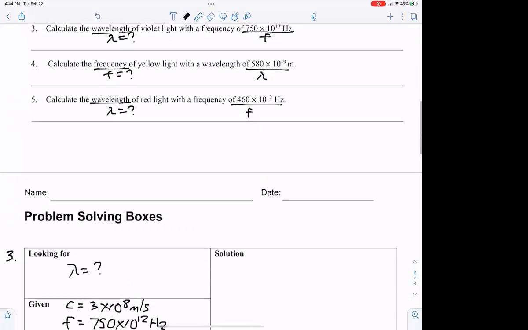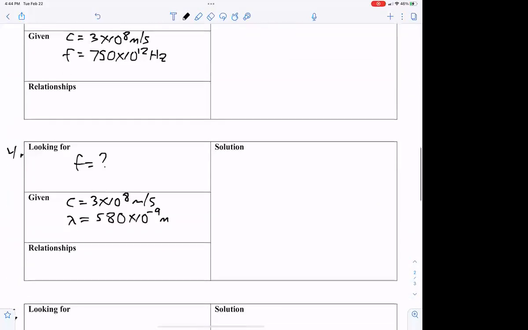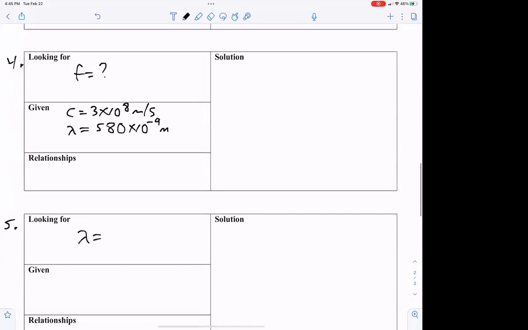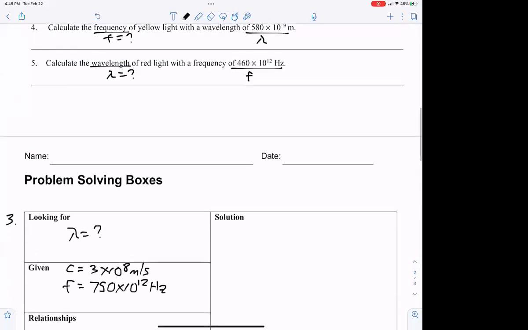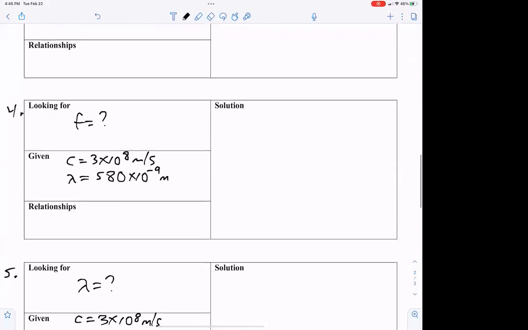Okay, and finally, number 5, we're looking for wavelength, for lambda. You're given the speed of a wave of light, 3 times 10 to the 8 meters per second. And we're given the frequency of 460 times 10 to the 12.